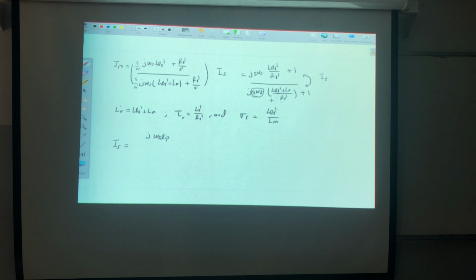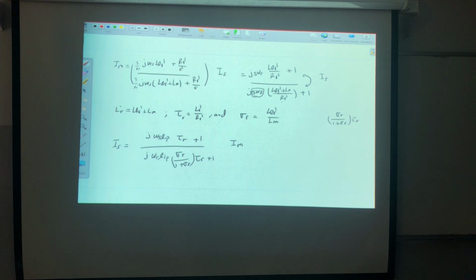This is tau R, so this will be tau R plus 1 over, this one will be the denominator, j omega slip times tau R. Now this one will equal sigma R over 1 plus sigma R times tau R, plus 1, multiplied by Is.